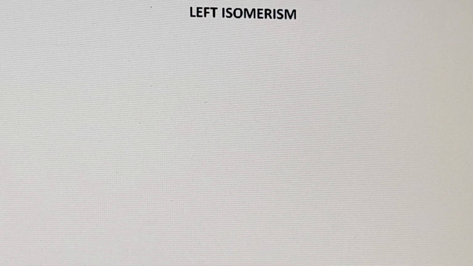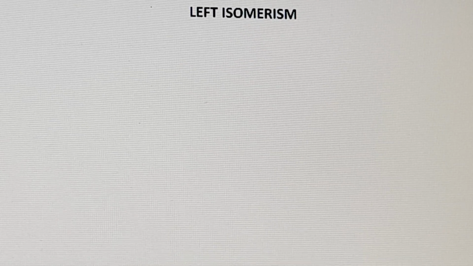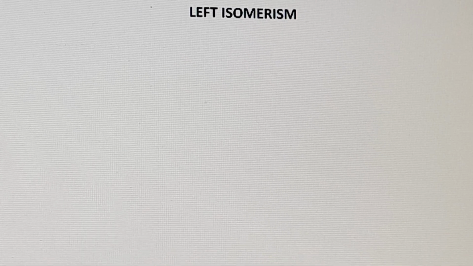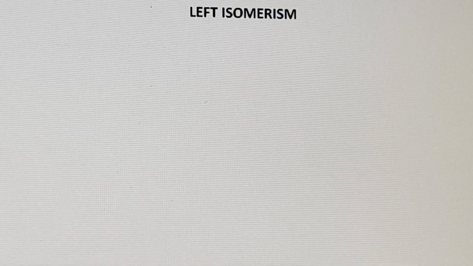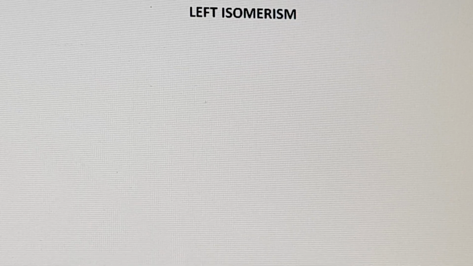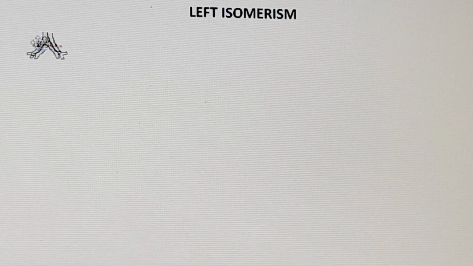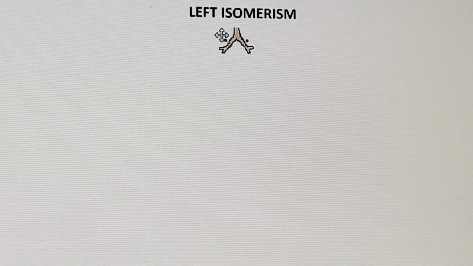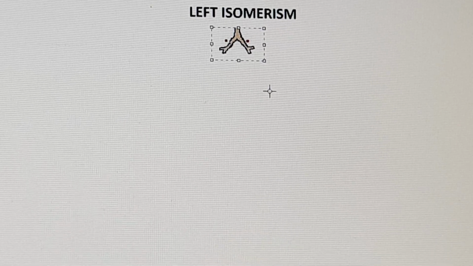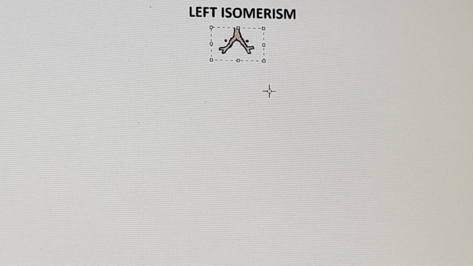As compared to the normal anatomy, in the tracheobronchial tree, in left isomerism, there is bilateral left-sidedness, and that means both the main bronchi. So, there it comes. Here you see that both the bronchi are resembling the left main bronchus.